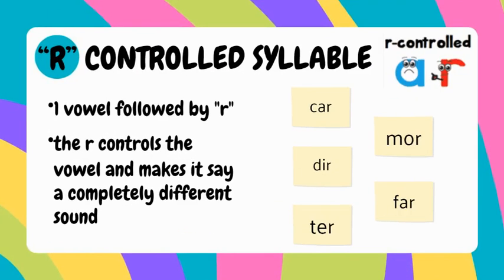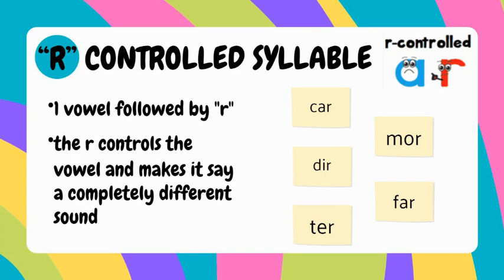Then we have our R controlled syllable. That's where you have one vowel followed by an R, and the R controls the vowel. It's bossy. It tells the vowel to do something different. It makes it say a completely different sound. Okay, so we have CAR. Our scholars would know that the A is not going to say its name, right? It's going to do something different.